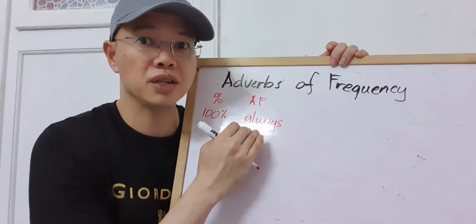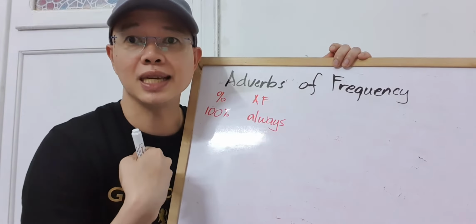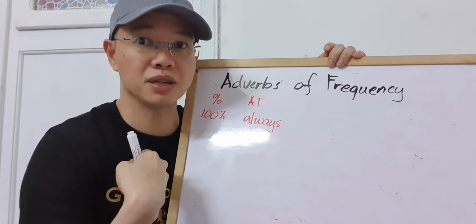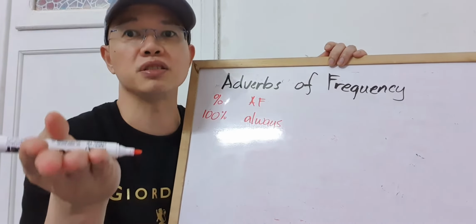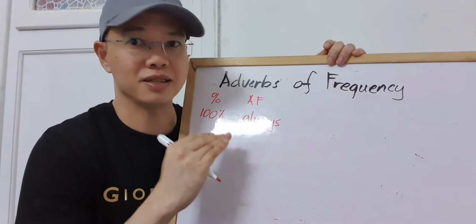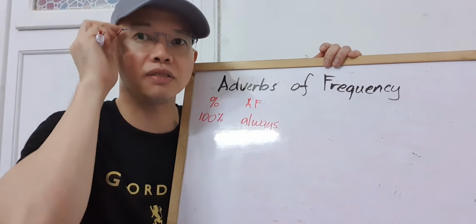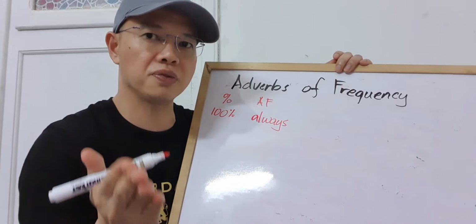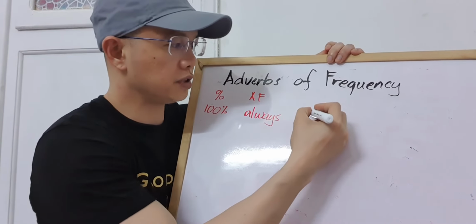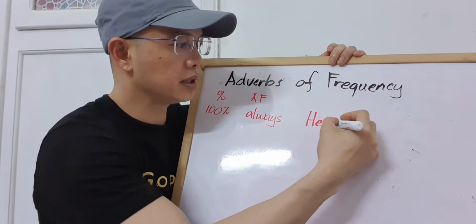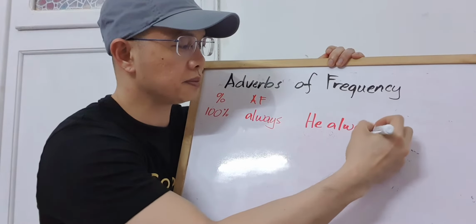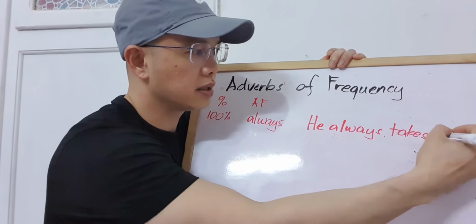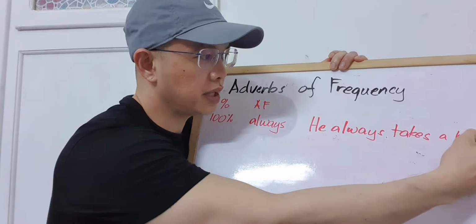It actually depends on the context. What is always to me probably is not always to you, or what is always in my culture may not be always to you. So it's contextual. It depends on how you apply it contextually. I'll give you a very concrete example. For example, he always takes a bath.